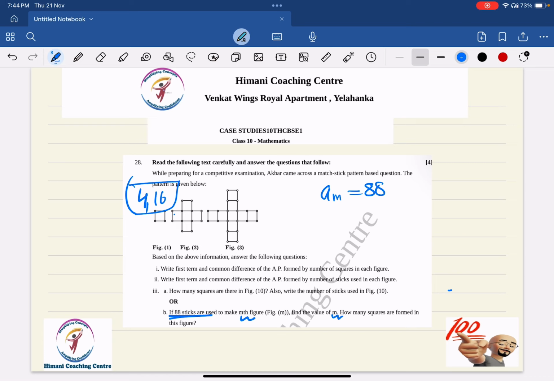Now, since they are talking in terms of m, so we'll say okay, the formula would be a plus m minus 1 d. We know am is 88, we know a is 1, we have to find m, it remains as it is, and we have got this one as 12. Okay, a is 4, my bad.